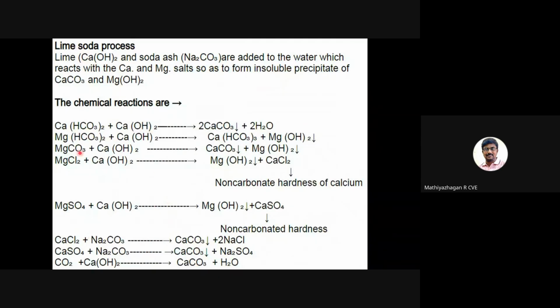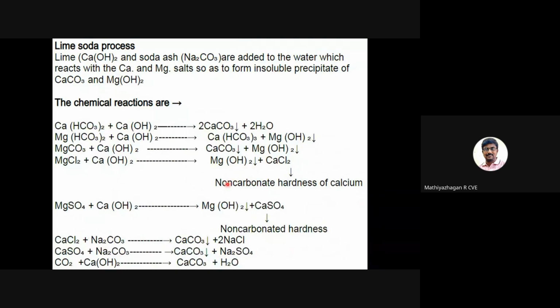So all the calcium carbonates and bicarbonates are removed using lime alone, but magnesium chloride and magnesium sulfate cannot be removed using lime alone. During the addition of lime, the magnesium salts are converted into calcium hardness.